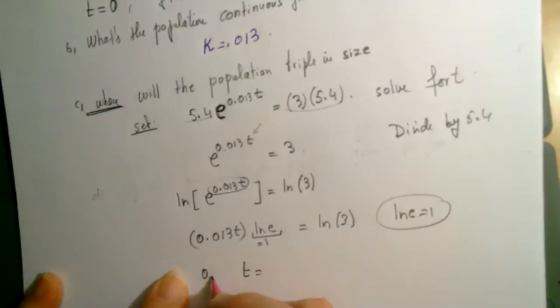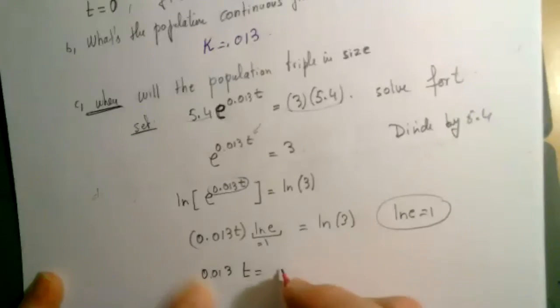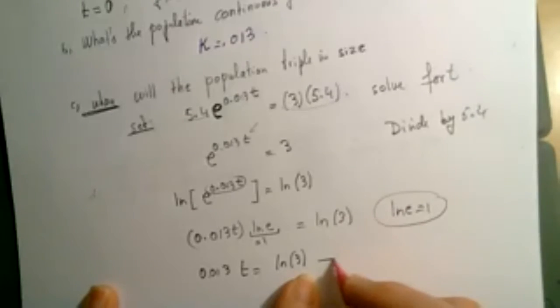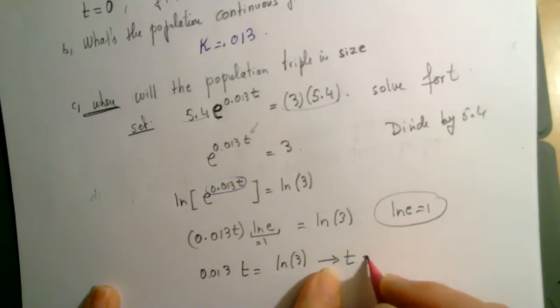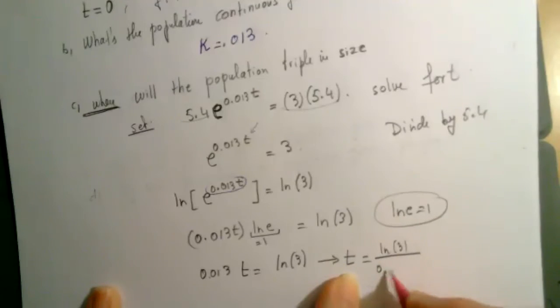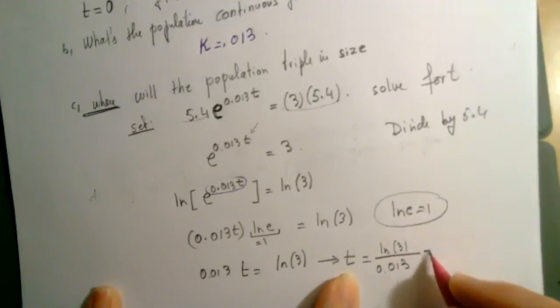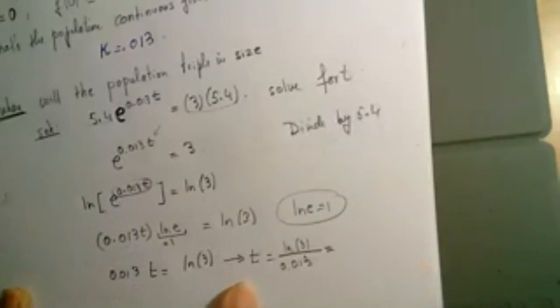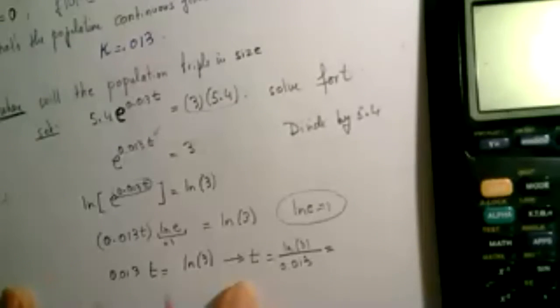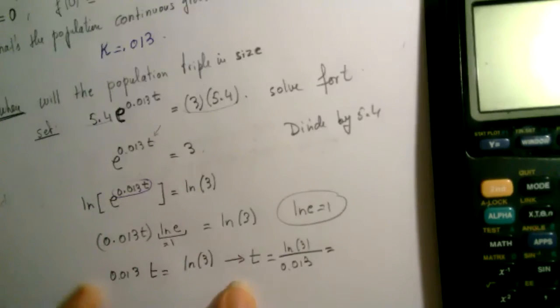This will be 0.013t equal to ln of 3, and this will give me t equal natural log of 3 over 0.013. So even for simple equations like that, it's easier to solve them with the ln, because the ln and the e will cancel out.